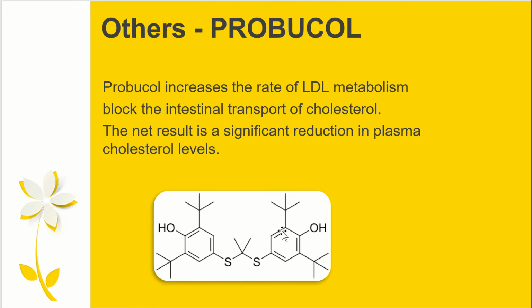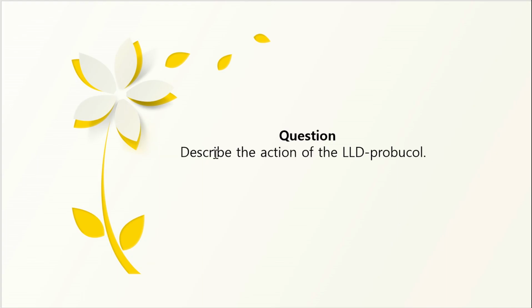And so this is another LLD, I should say, lipid-lowering drug. And this is basically how it works. So I just spoke about it. All I need for you to do for the next class is to describe the action of the LLD probucol, and if you can find external information, that would be even better.